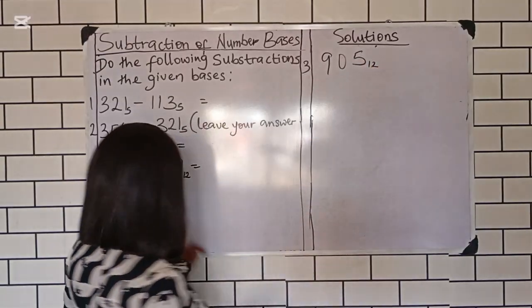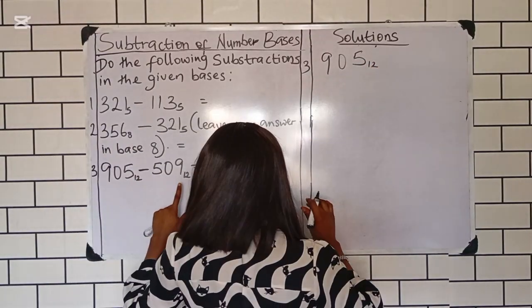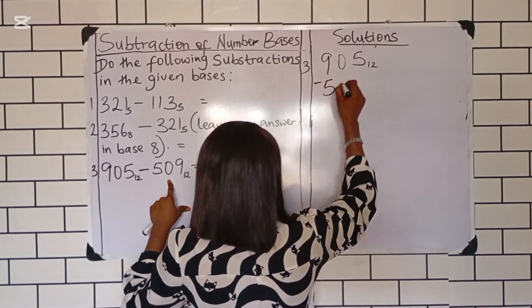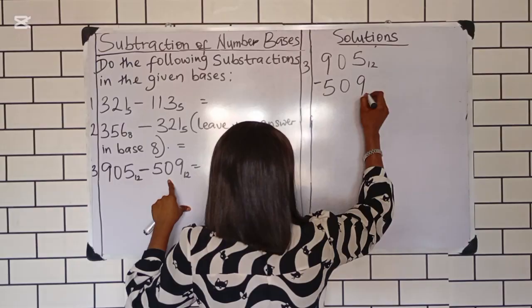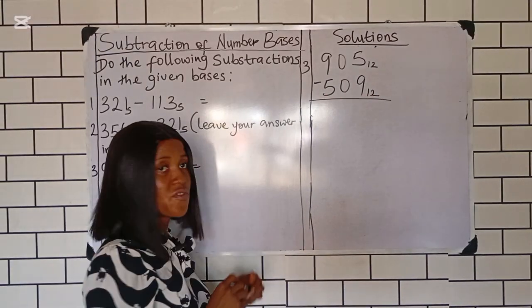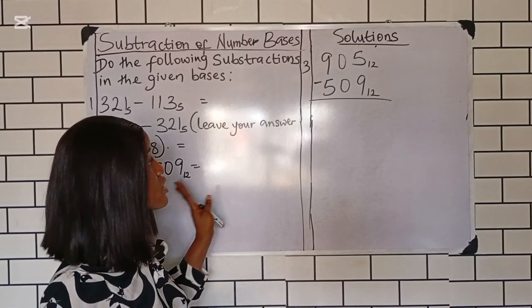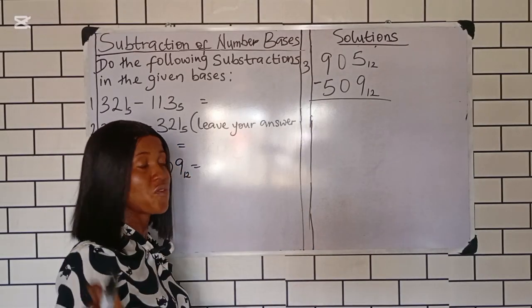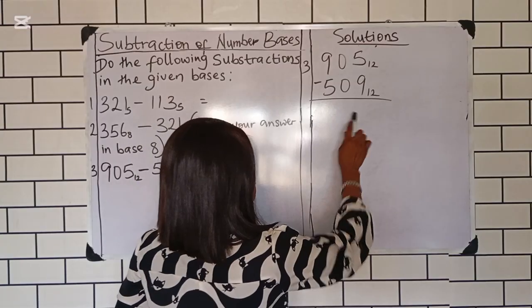The two terms are in base 12. We have 905 in base 12 minus 509 also in base 12. Now remember, we are solving in base 12. Therefore, from 0 to 11 are permitted to be written under base 12. From 12 and above are not permitted to be written under base 12.